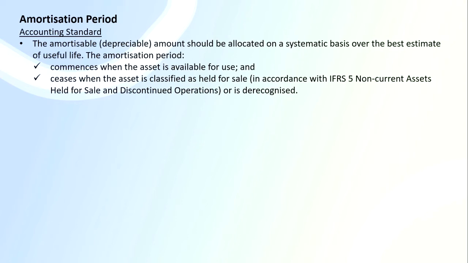The amortization period commences when the asset is available for use and ceases when the asset is classified as held for sale. So when will amortization take place? When the asset is available to be used or is ready to be sold. At that time, we need to amortize the cost.